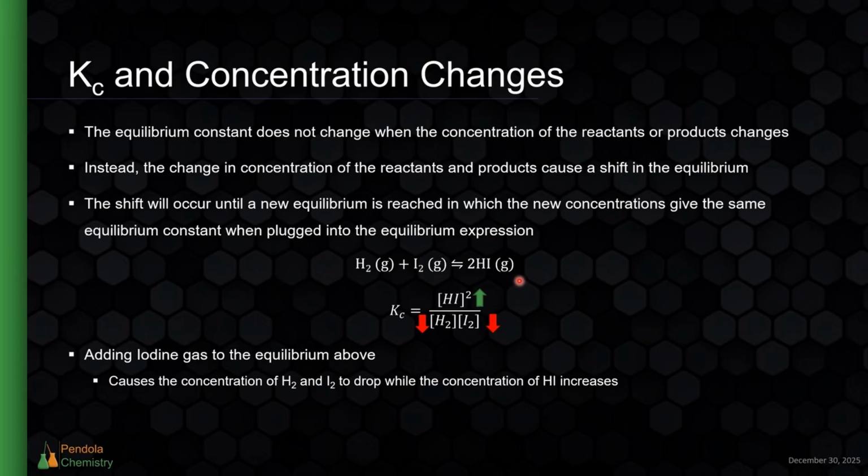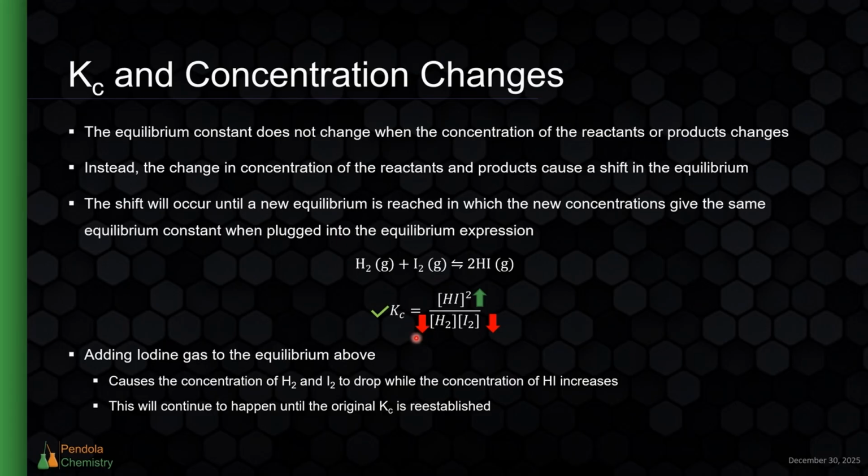This happens because by increasing the concentration of iodine, we are unbalancing this equilibrium, so it's no longer equal to Kc. Because Kc cannot change, nature is going to shift this equilibrium to the right, the forward reaction is going to happen, to decrease the concentration of the hydrogen and the iodine and increase the concentration of the HI. By doing so, it reestablishes equilibrium once the new concentrations are equal to Kc in the equilibrium expression.